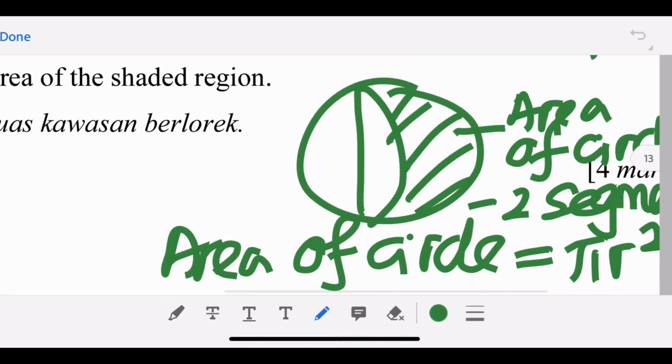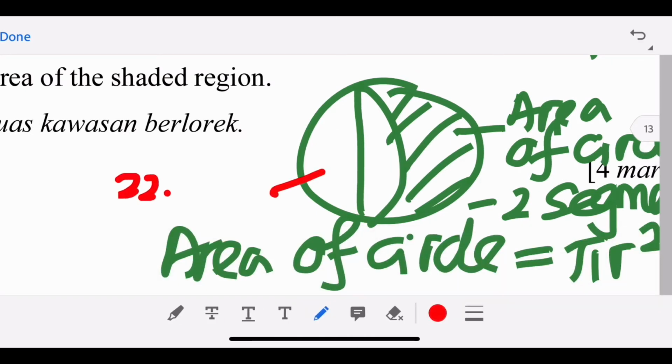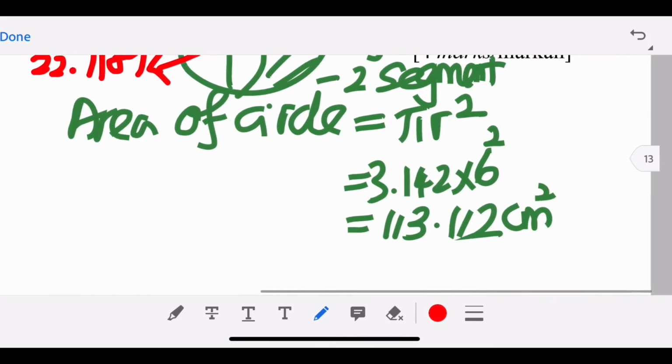Now we are going to minus out the area of the segment. The area of the segment is 1/2 r squared theta minus 1/2 r squared sine theta, as I showed you just now. It's 22.1189.